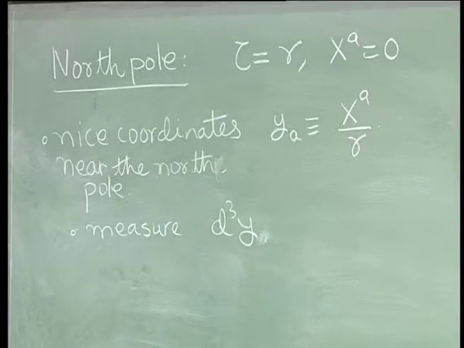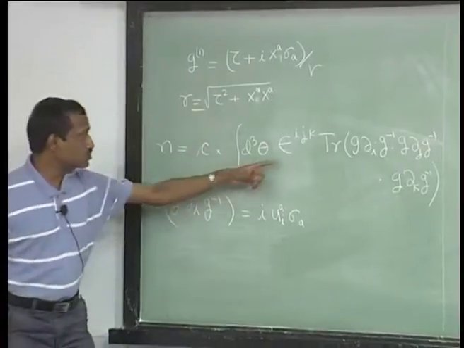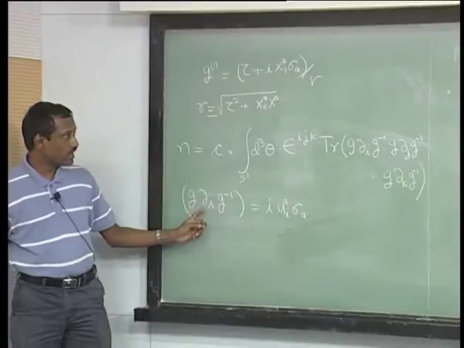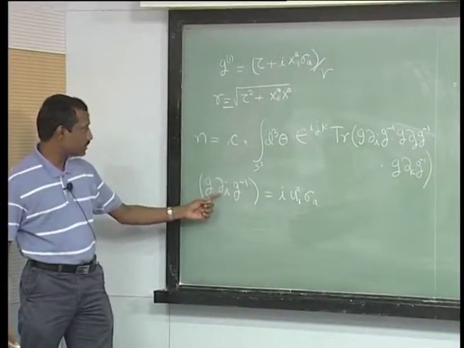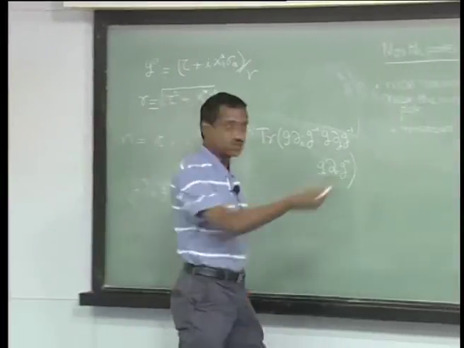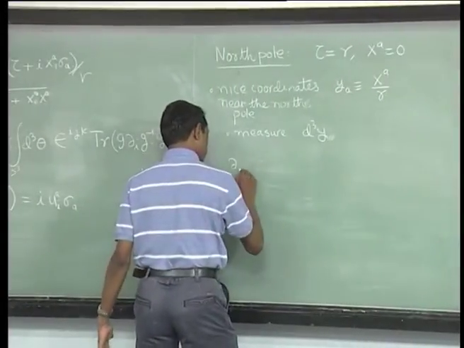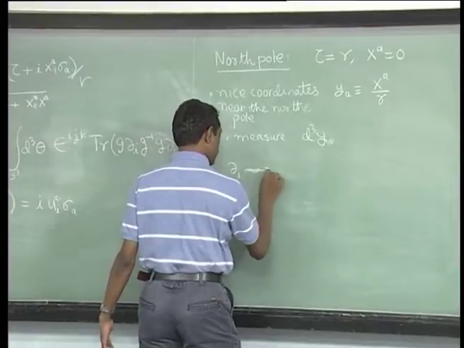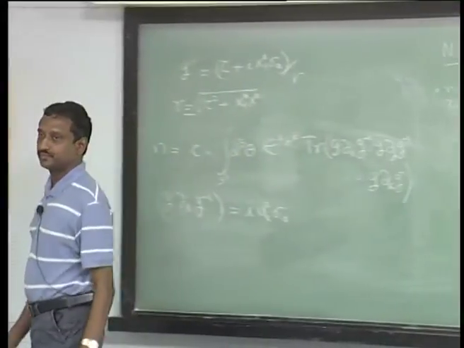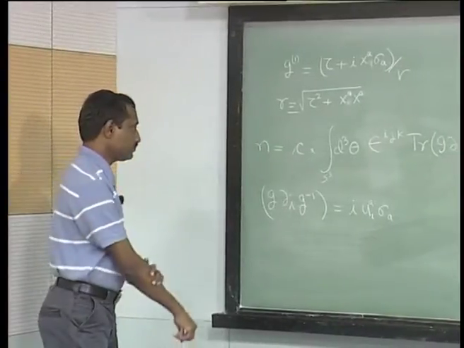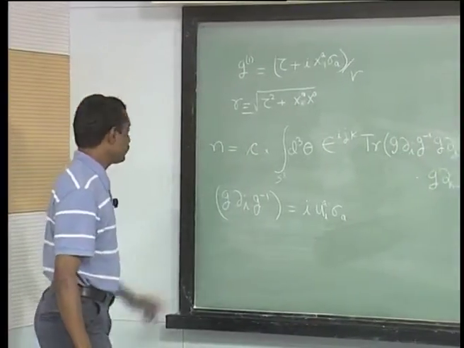Now we want to evaluate, so these i's are supposed to be coordinates on the sphere. Instead of evaluating any d i, I will just evaluate d of y i. I will just choose this as my coordinate, so d i can be represented by d of y i.